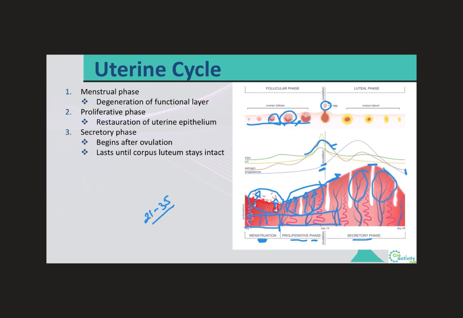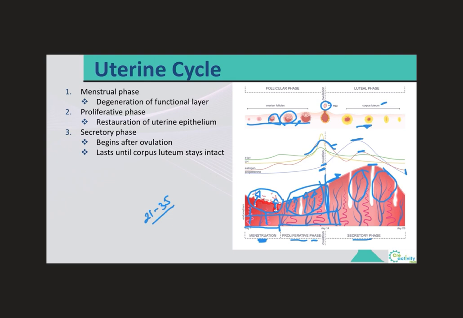There's going to be a combined stimulatory effect of progesterone and estrogen from the corpus luteum that will cause this increased secretory activity. And this phase begins at the time of ovulation, and it will persist as long as the corpus luteum remains intact. So if there's a fertilization, the corpus luteum will remain intact.